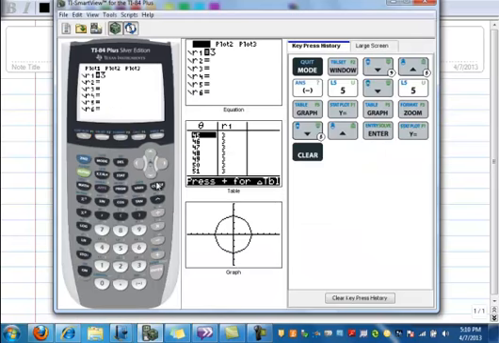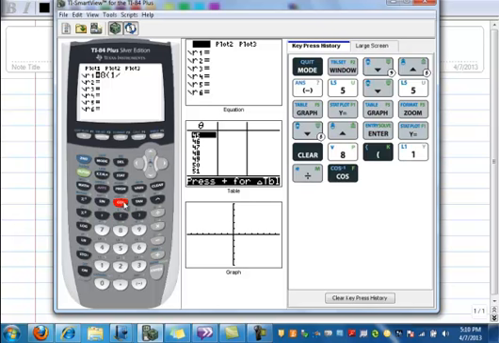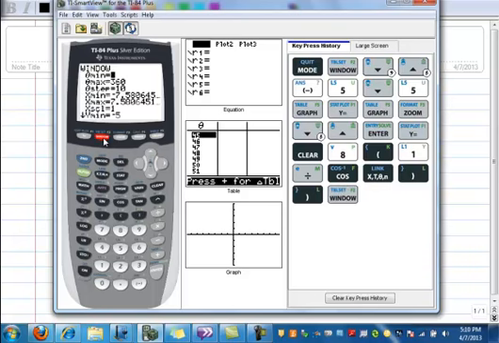So let's clear this, and we have 8 parentheses 1 divided by cosine theta, close parentheses, close parentheses. I may have to open my window a little bit because I've got 8 here. Alright, so those are good.